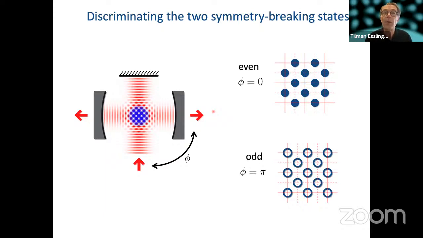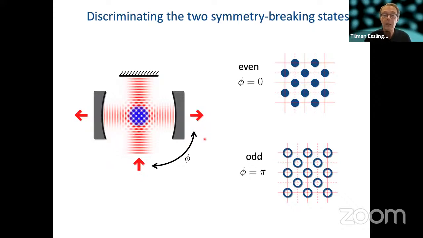And the two states can be distinguished by the phase, the time phase of the light coming out of the cavity, measured with respect to the pump light. And that we can do in the experiment.